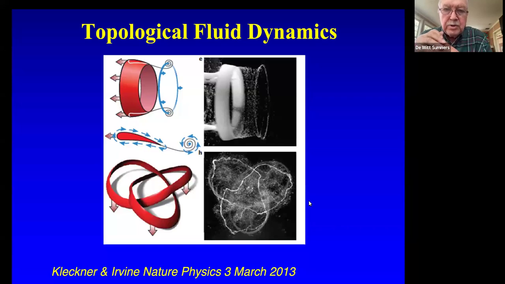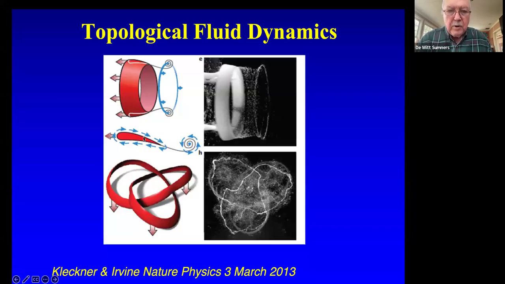For many years, people were trying to blow knotted smoke rings. It's very difficult to do with a cigar. You can blow unknotted ones, but it turns out that Bill Irvine at the University of Chicago was able in 2013 to produce knotted vortex tubes in water. What he did, as you can see here, was develop hydrofoils. You print them on your computer. Here's an unknotted hydrofoil, and here's a trefoil knotted hydrofoil.